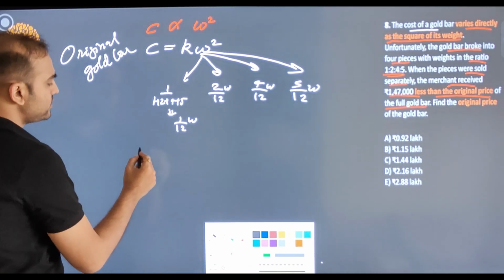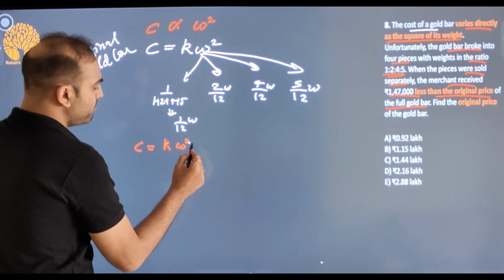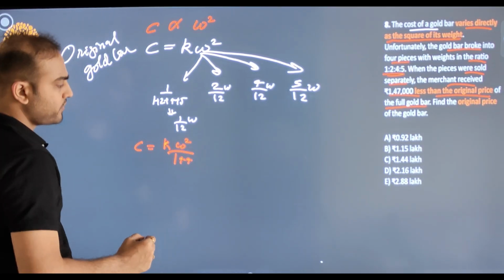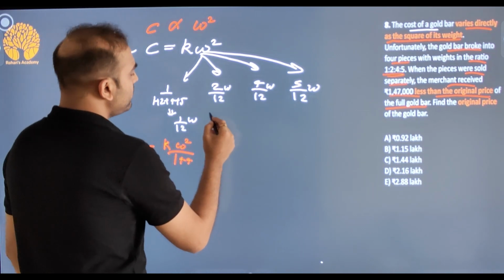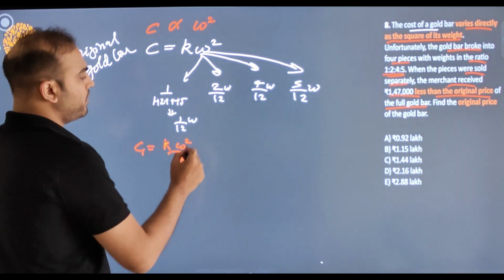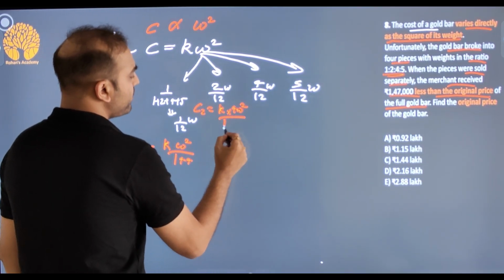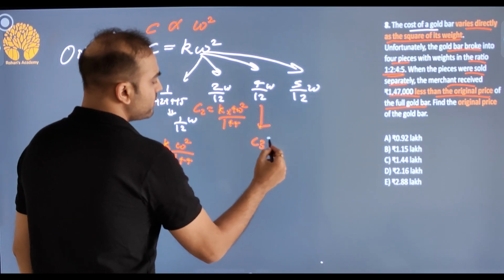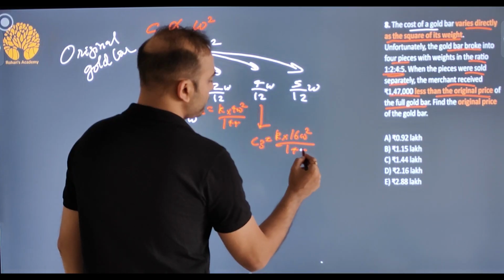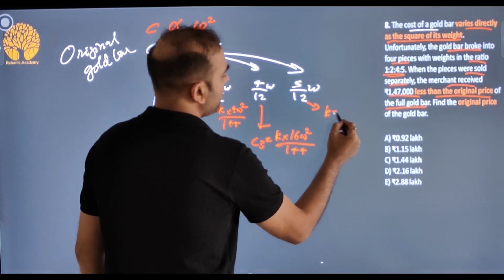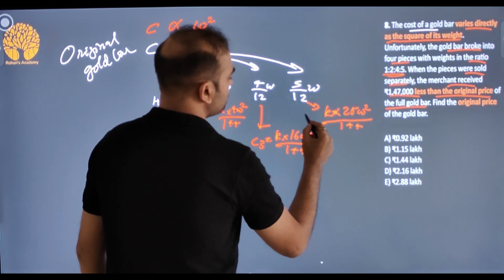From the relationship, cost will become K W square by 144, because it is proportional to weight square. This is the cost of the first gold bar. Cost of second gold bar, K into 4W square by 144. Similarly, third gold bar, K into 16W square by 144. Fourth gold bar, K into 25W square by 144.